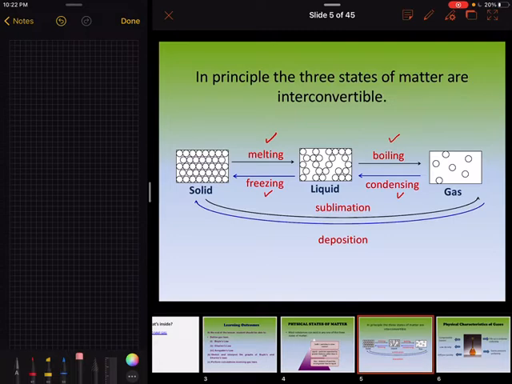We can also convert solid straight to gas, tanpa melalui liquid, and that is the sublimation process. And gas can convert directly to solid during the deposition process.